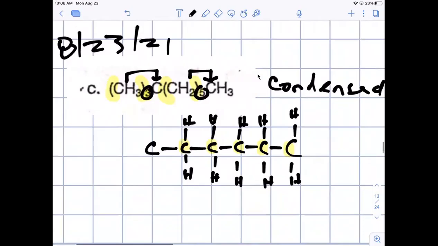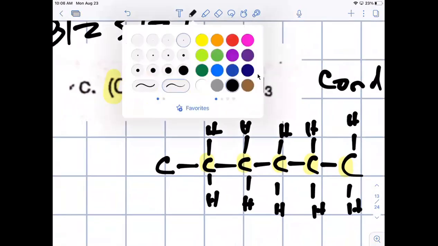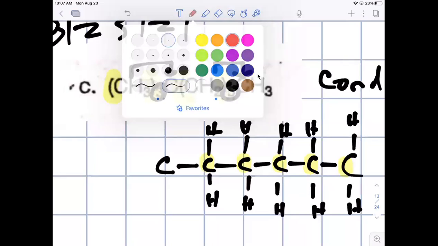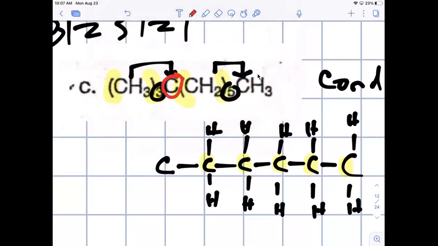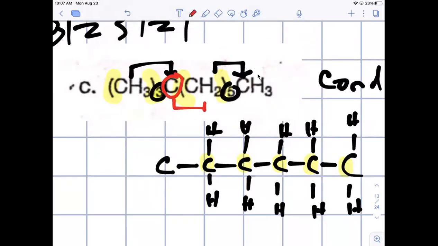I have a question. Go ahead. How did you know there were 6 carbons? How did I know that there were 6? Okay, so I'm starting from right here, and I'm looking at here.